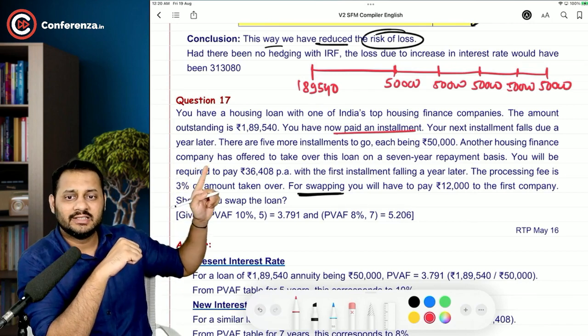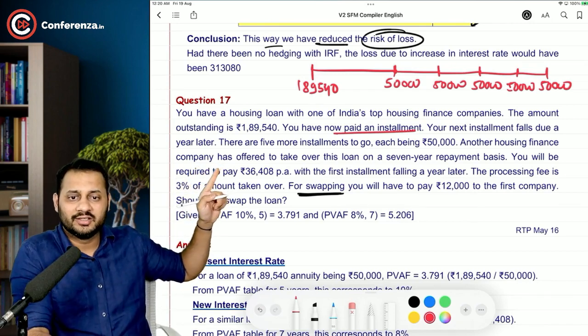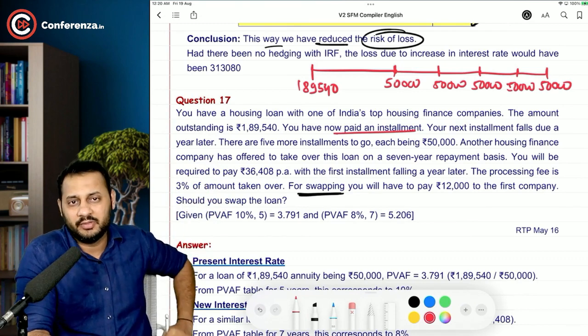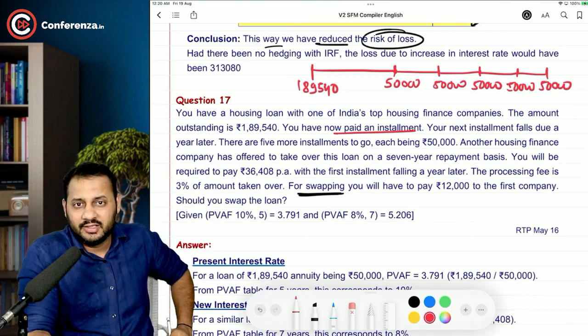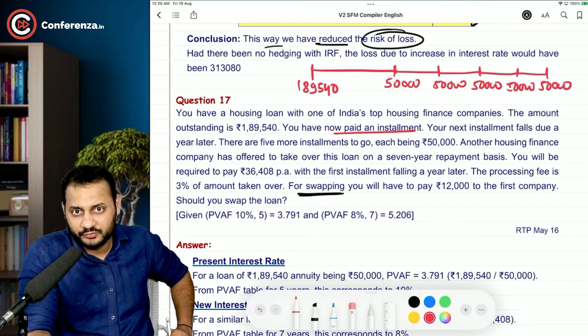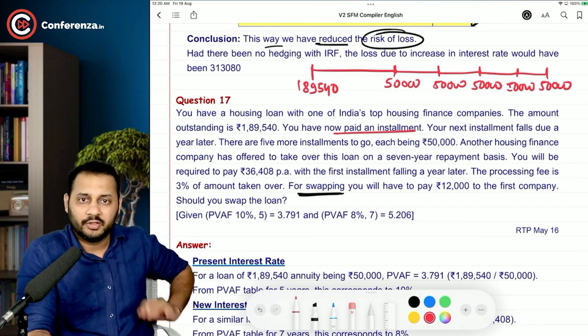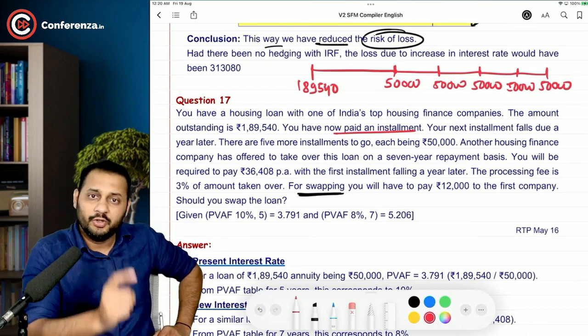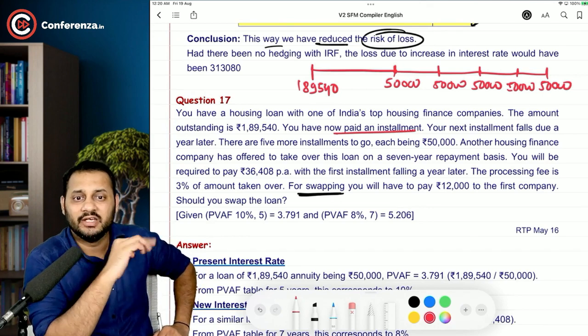Another housing finance company has offered to take over this loan on a 7-year repayment basis. They are saying that there is another company who entered into the picture and they came to you. They said that we will take this loan for you. We will make the payment to the bank. You don't have to do that. But you make us the payment for 7 years.